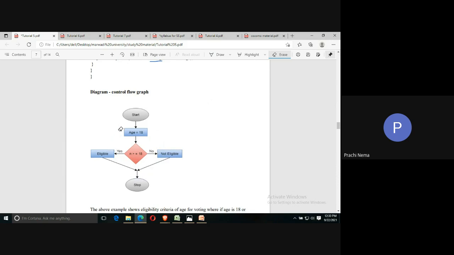There are two formulas used to compute cyclomatic complexity. The first one is E minus V plus 2. Here E is the number of edges in the control flow graph, V is the number of vertices in the control flow graph, and 2 is a constant. So you subtract the number of vertices from the number of edges and add 2 to it.